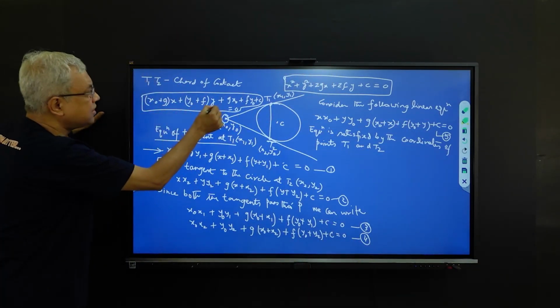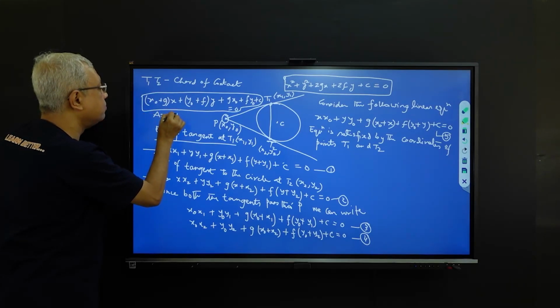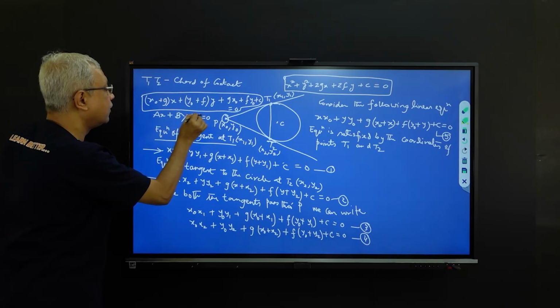So this equation is of the form ax plus by plus some constant k equal to 0.